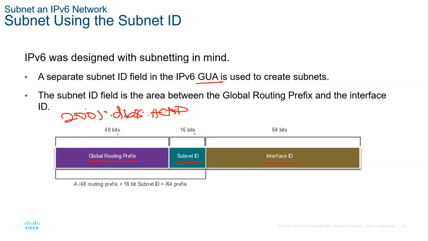Then we have this, we can call this maybe a 0, and then even all these other ones, we give them zeros. So if I want another group of IPv6 without doing lots of changes here, I will just change this to a 1.